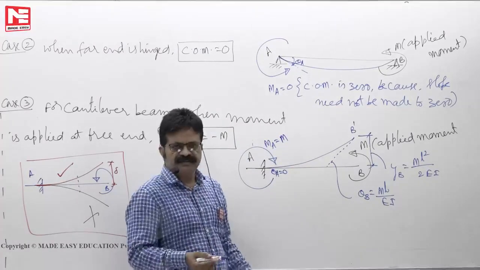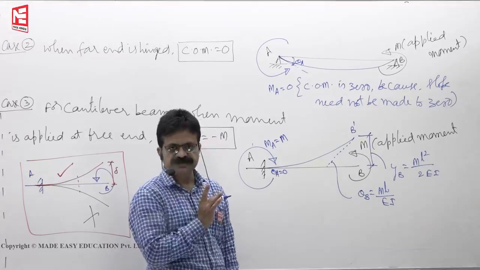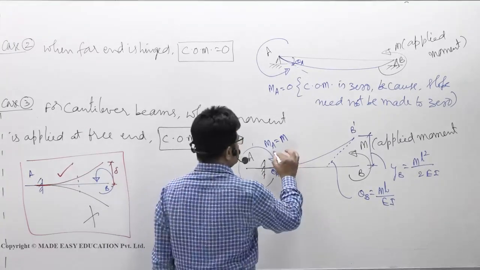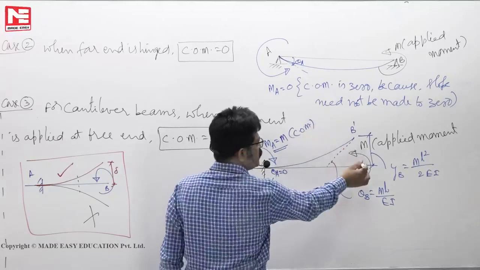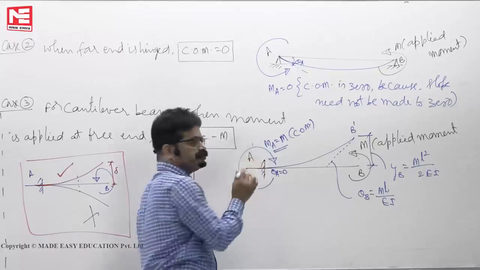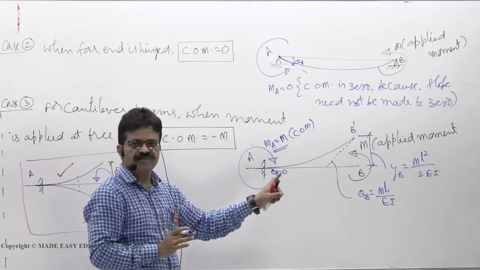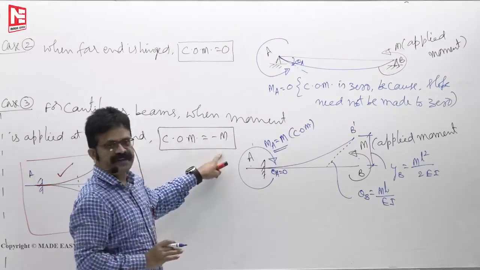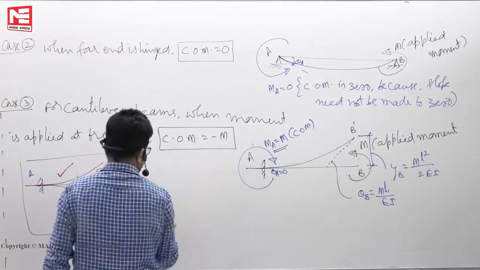Let it act clockwise or anti-clockwise, but slope should be 0. So this is now COM. Because applied moment and carry over moment are always in opposite directions, for cantilever beams you must write minus M. So that's why you have written minus M.